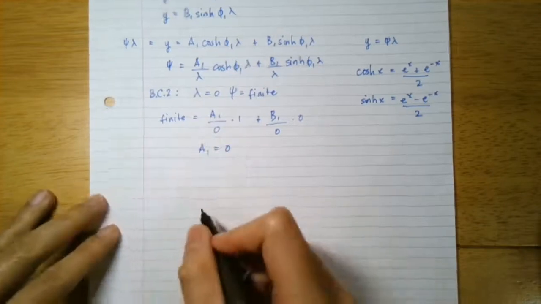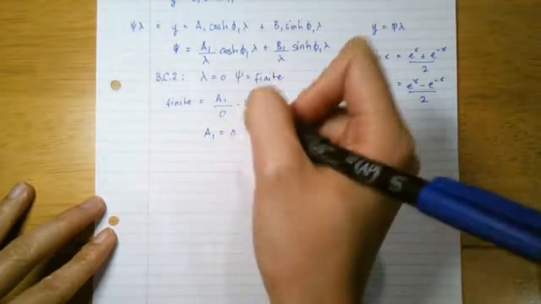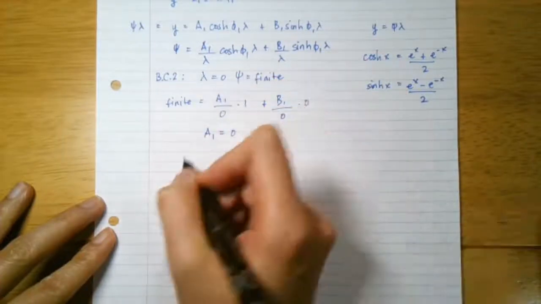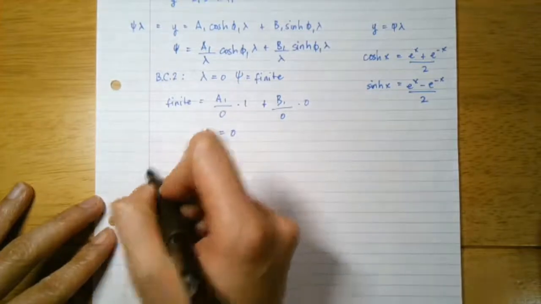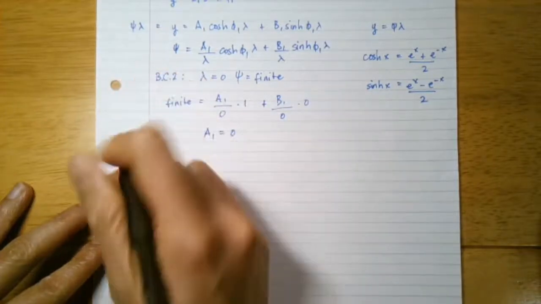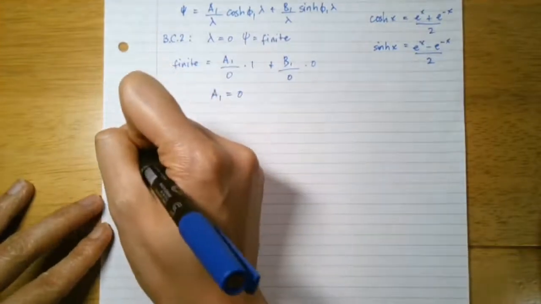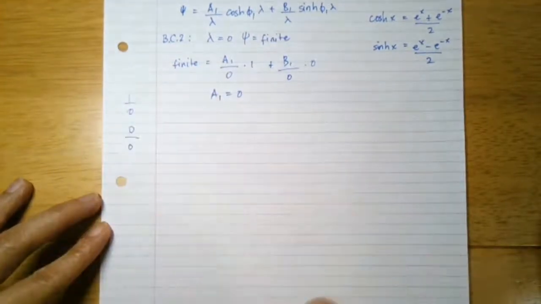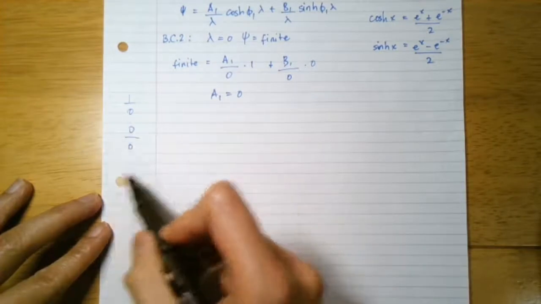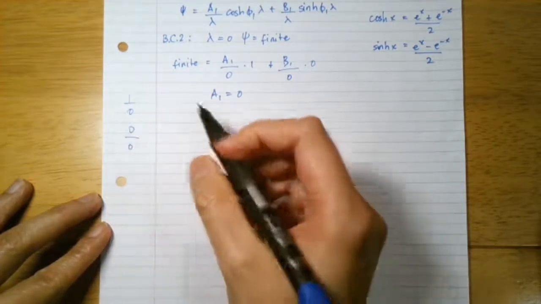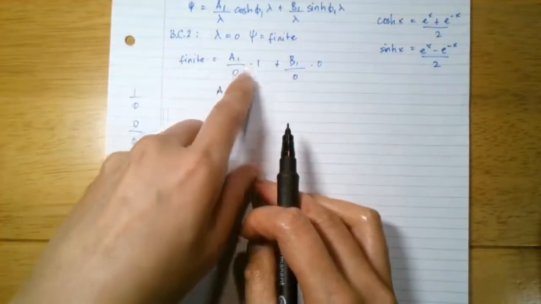Remember that a number divided by 0, for example 1 over 0, is infinity, whereas 0 over 0 is not necessarily infinite, so it is indeterminate. And we don't want this to be infinite.